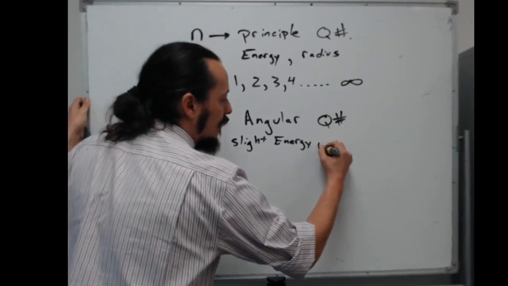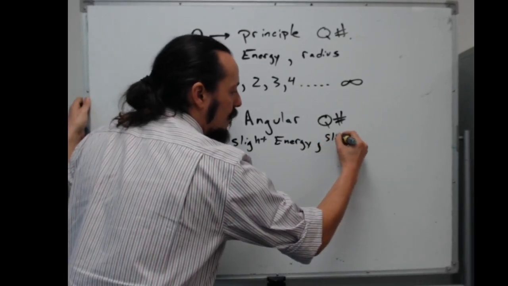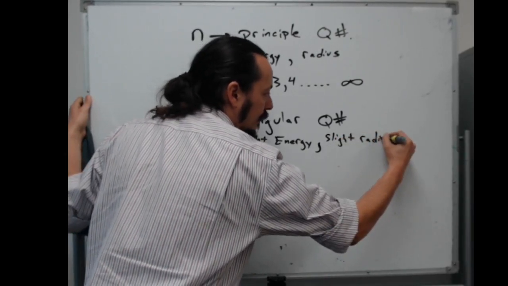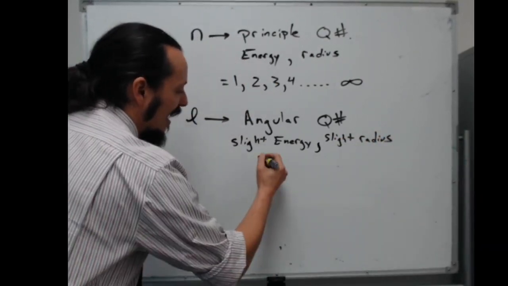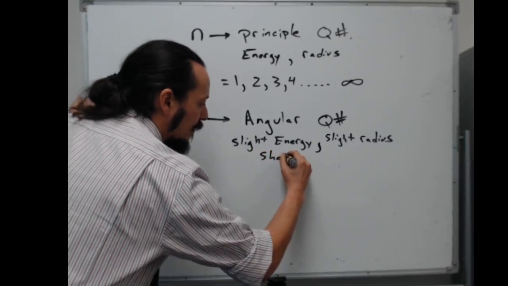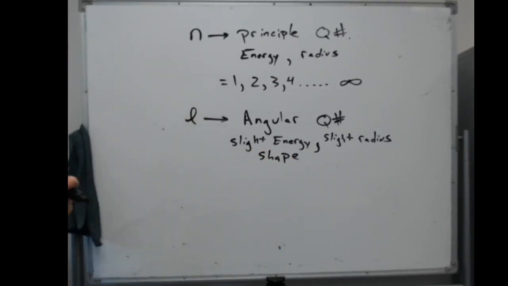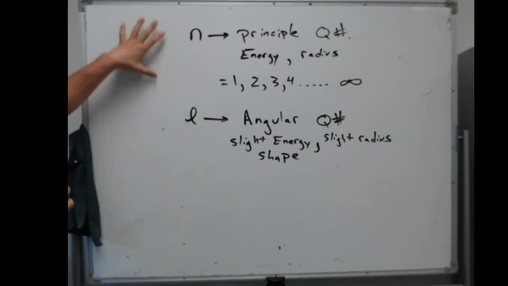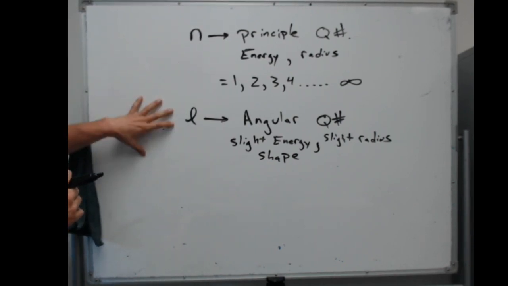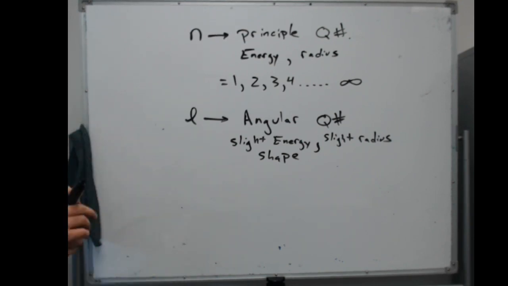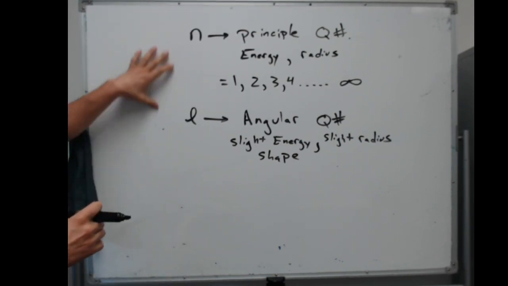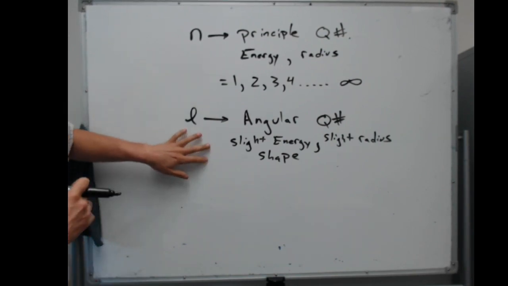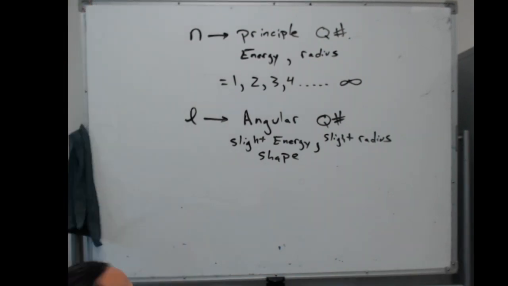It's going to have a slight impact on radius, but it's going to tell a lot about the shape of the orbital that we're looking at. So each of these orbitals, each of these mathematical functions we're representing with these values is going to have a particular shape associated with it, and that's going to tell us about where the electron is, and this L value is going to tell us a lot about that shape.